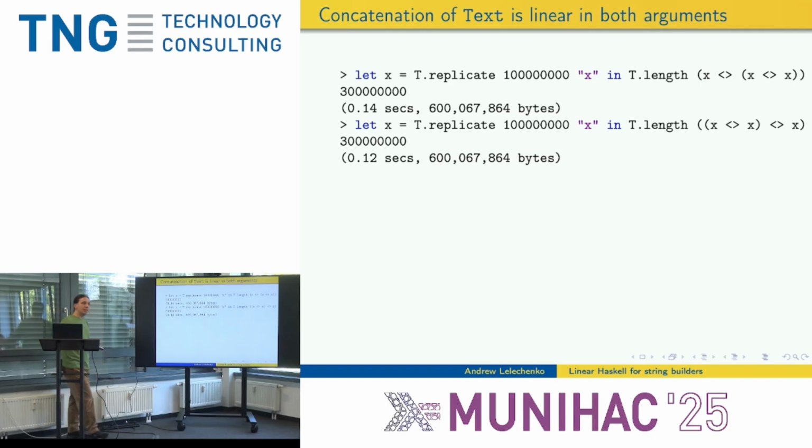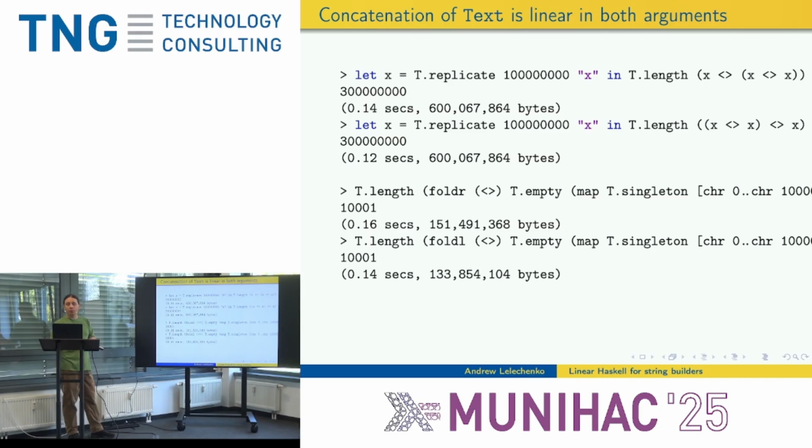And secondly, let's try our previous example of catastrophic concatenation, when we concatenate like 10,000 very short texts. So exactly the same example as it was before, and we try fold R and we try fold L, and it doesn't look great, because you see the results are pretty much the same.